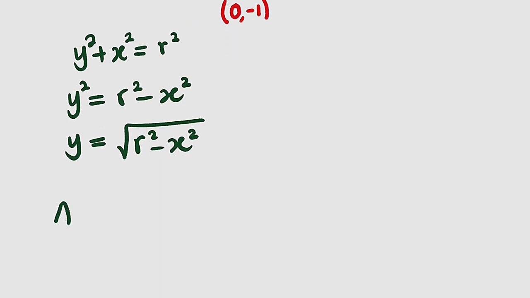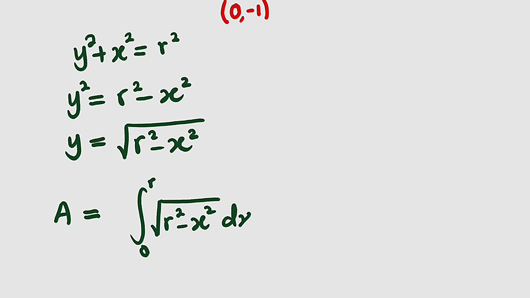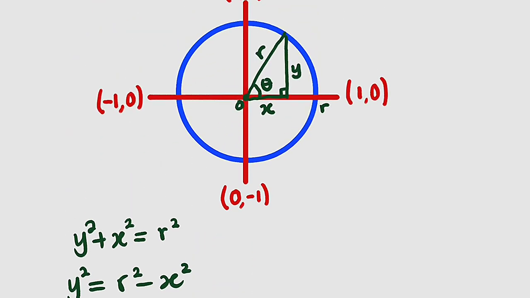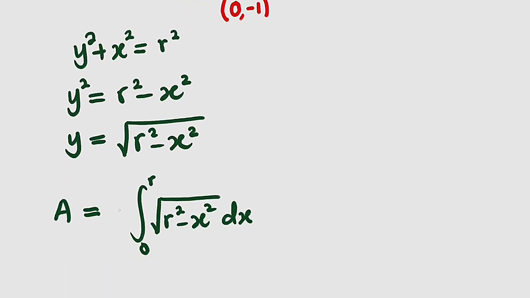Therefore, the area of that sector will be equal to the integral from 0 to r of the function square root of r squared minus x squared with respect to x. Remember I told you after obtaining the area of this sector, we are going to multiply by 4 because we have 4 sectors. So from here, I can just attach a factor of 4.